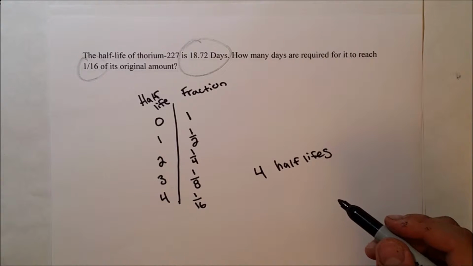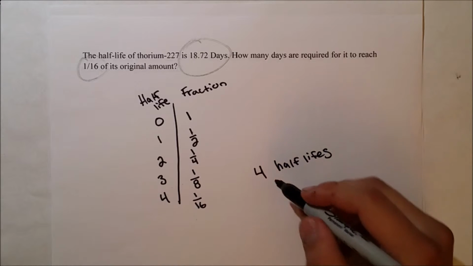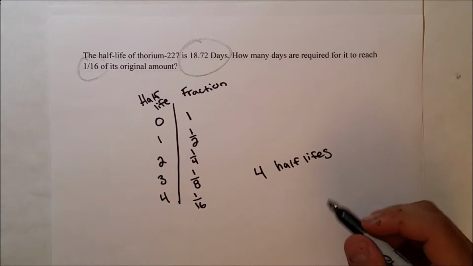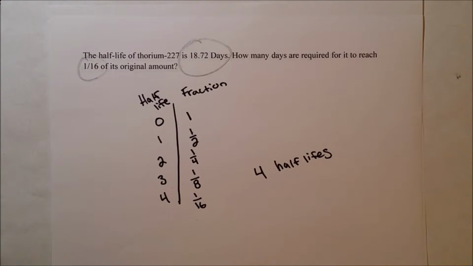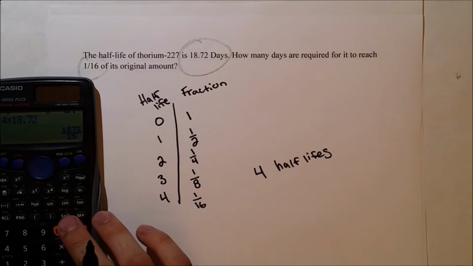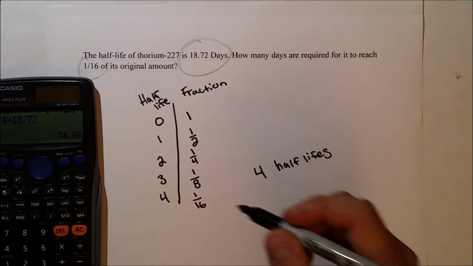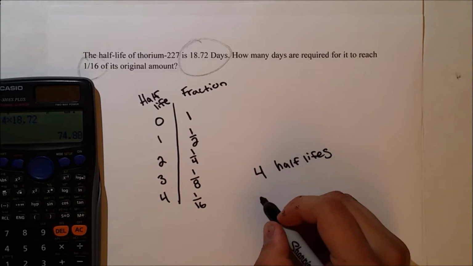We know that 1 half-life takes 18.72 days to complete. So if we have 4 half-lives, all we have to do is multiply our half-life time by how many half-lives we've had. I'll break out my little calculator here, and we'll put in 4 half-lives at 18.72 days per half-life. Should give us how many days? We can see here that it is 74.88 days for it to reach 1/16 of the original amount.